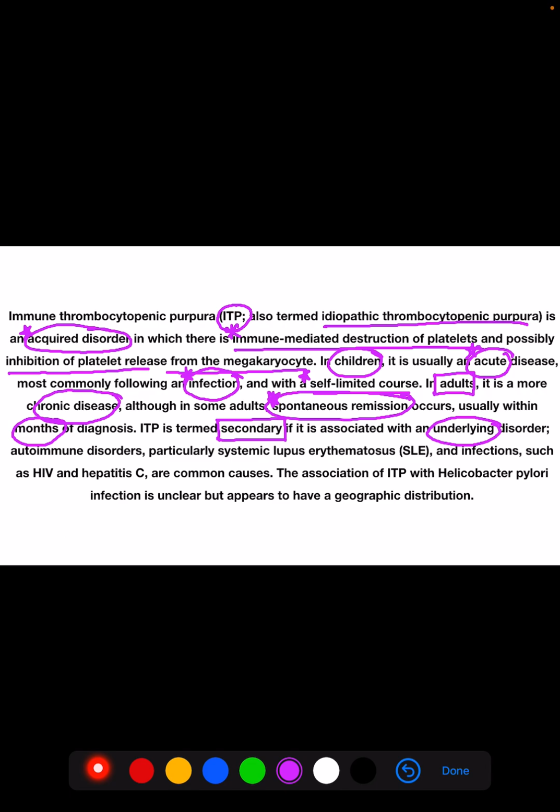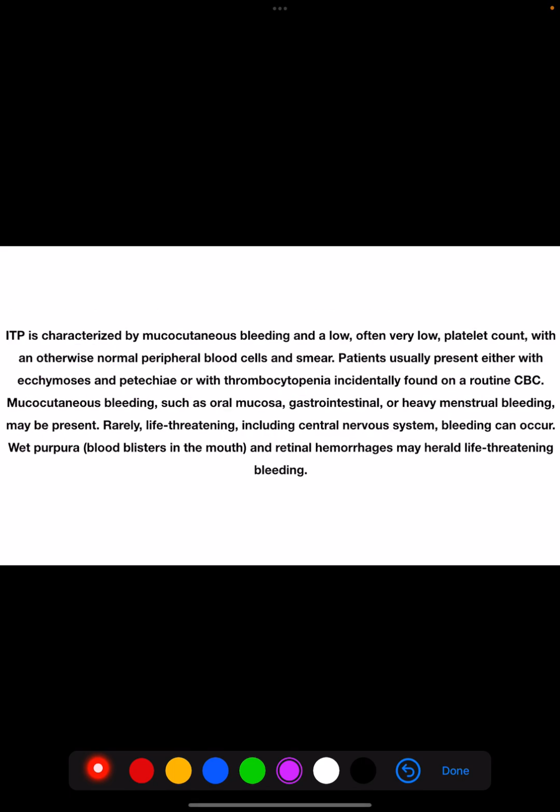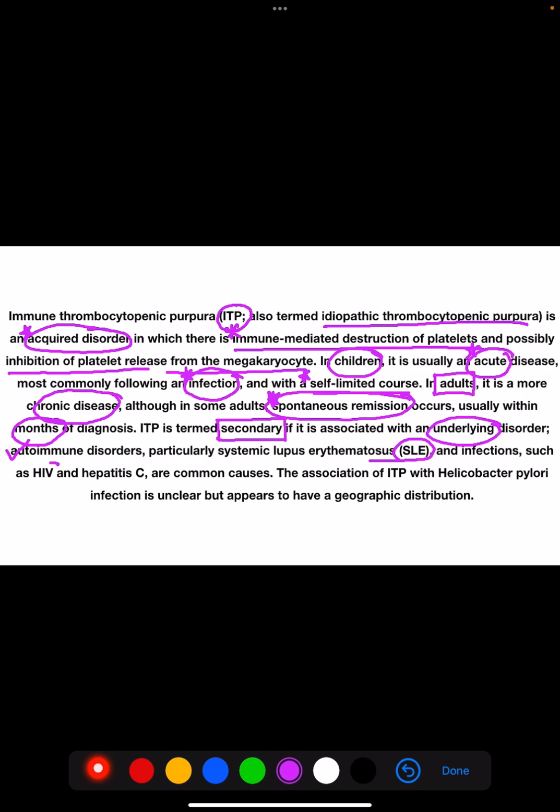This could be autoimmune disorders, particularly SLE, where the patient will have ITP secondary to the SLE, and infections such as HIV and hepatitis C.